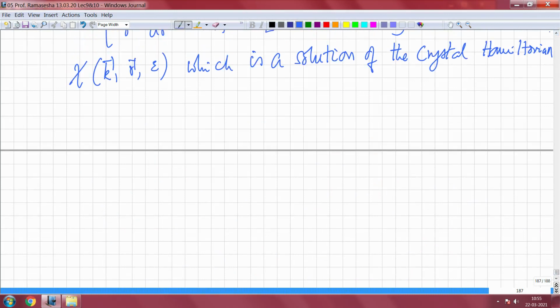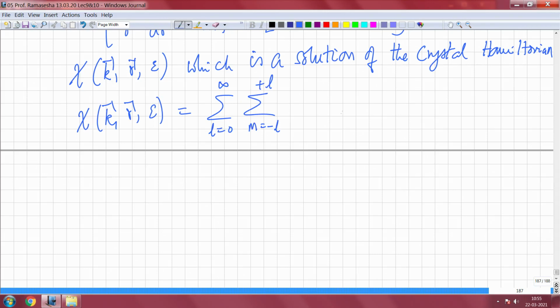How do you impose the condition that it is a crystal? So, I can write down chi k of r comma E as a linear combination over all L and M of A LM of k times psi LM of E comma r. So, we actually know psi LM of E comma r, but we do not know the energies.